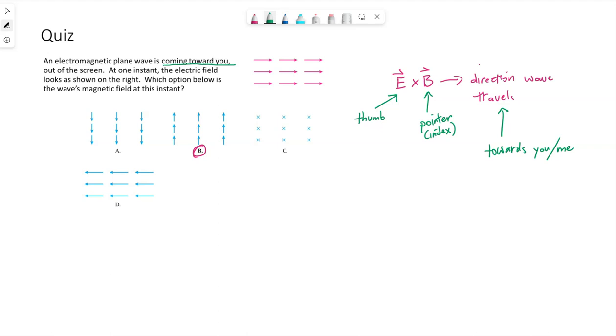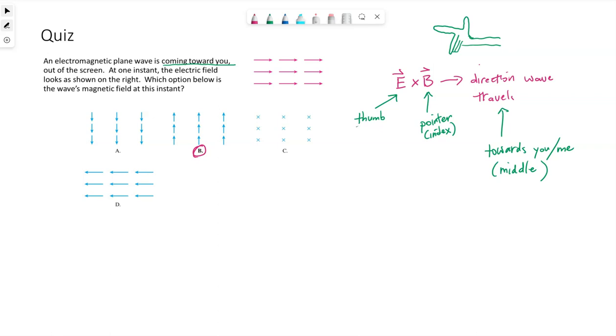If we're holding our thumb, index finger, and middle finger perpendicular to each other, then the result, in this case the direction the wave is traveling in, needs to point towards us. Now, the orientation of the hand I just attempted to draw is not quite right.